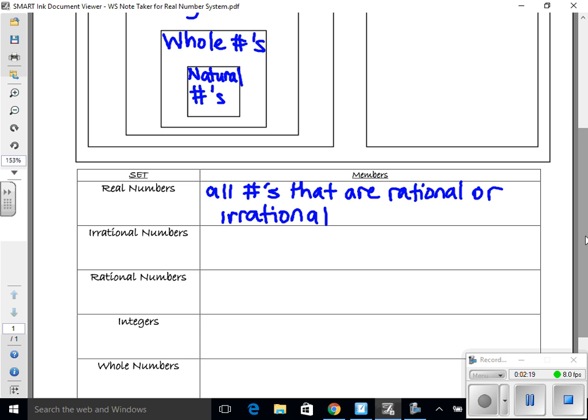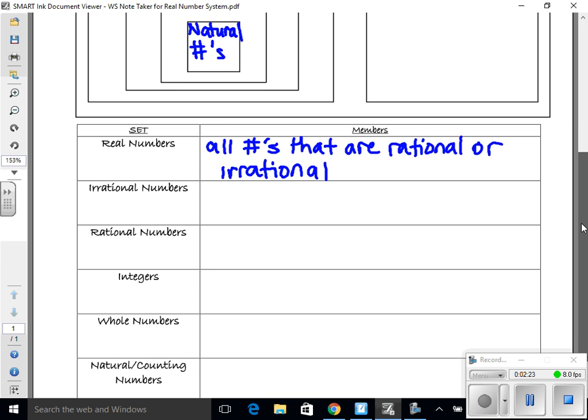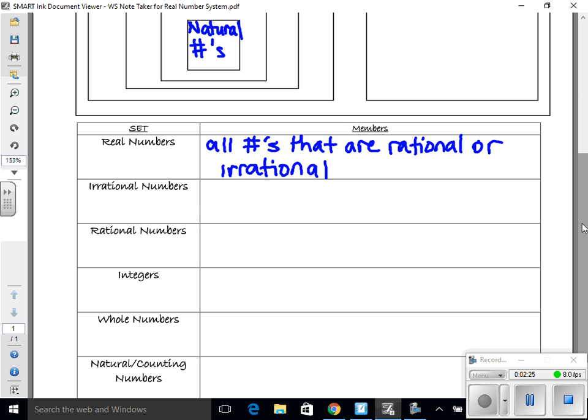The next category is going to be your irrational numbers. Okay, and the way to remember irrational numbers, if someone is irrational, we kind of say they act crazy, right? So your irrational numbers are what we call your crazy numbers. And there's a reason that we call them crazy. These are your numbers that do not end, so they keep on going forever, and do not have a repeating pattern.